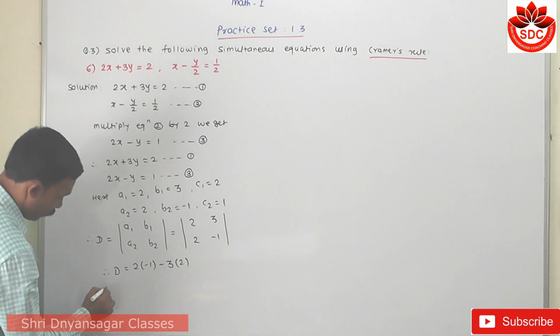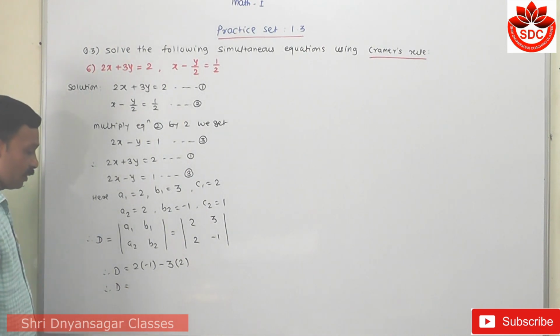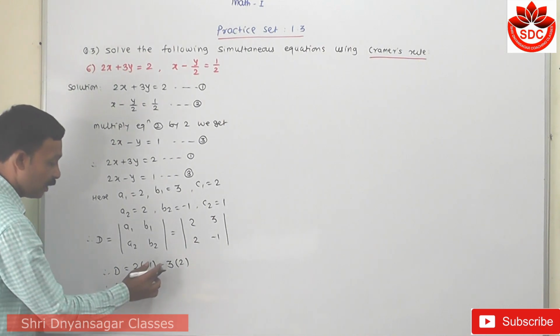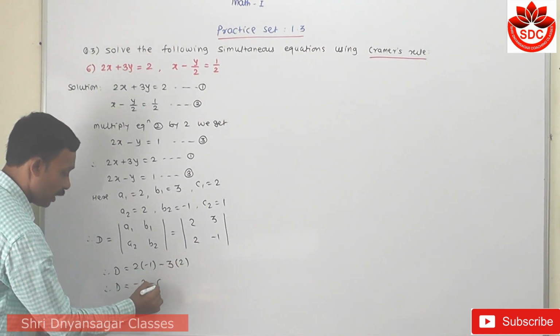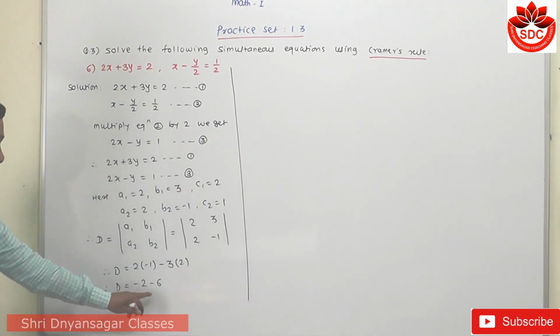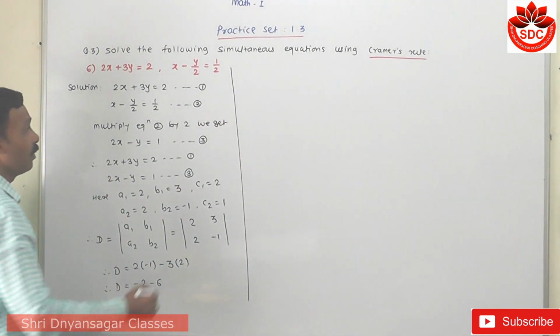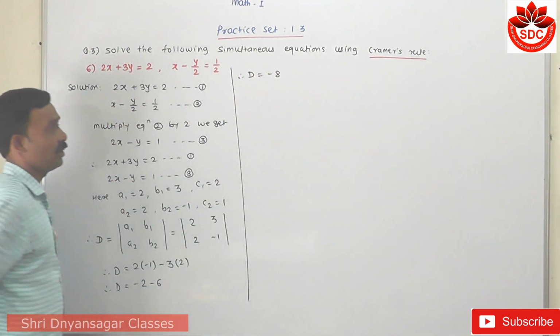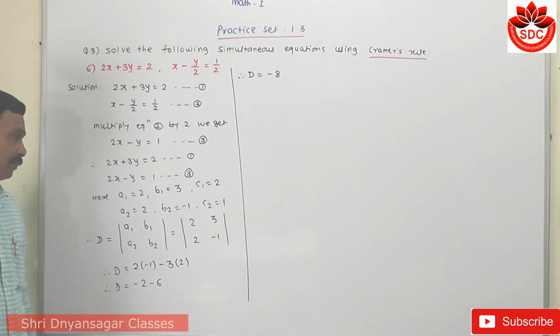Now therefore this product is d is equals to 2 into minus 1 is minus 2 and 3 2s are how much? Minus 6. Now then the addition of these 2 is minus 2 and minus 6 becomes minus 8. This is the value of the determinant d.